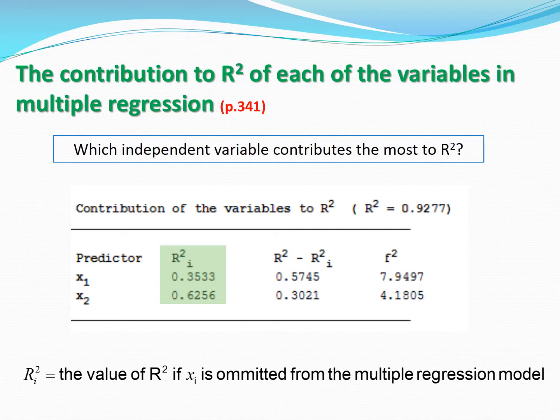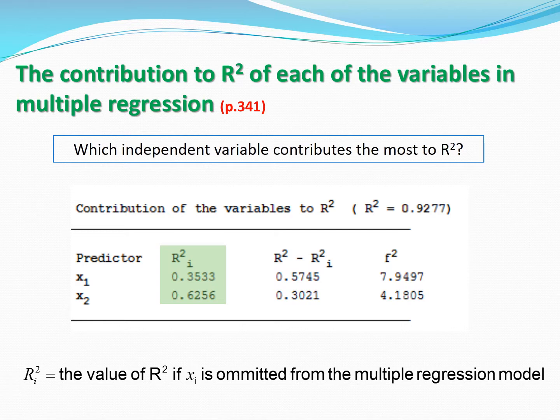If you look at the contribution of the variables to R square in your computer output, you will see that they give you the value of your coefficient of determination. And then in this column, we find the value of the coefficient of determination if a specific independent variable was not included in the regression model.